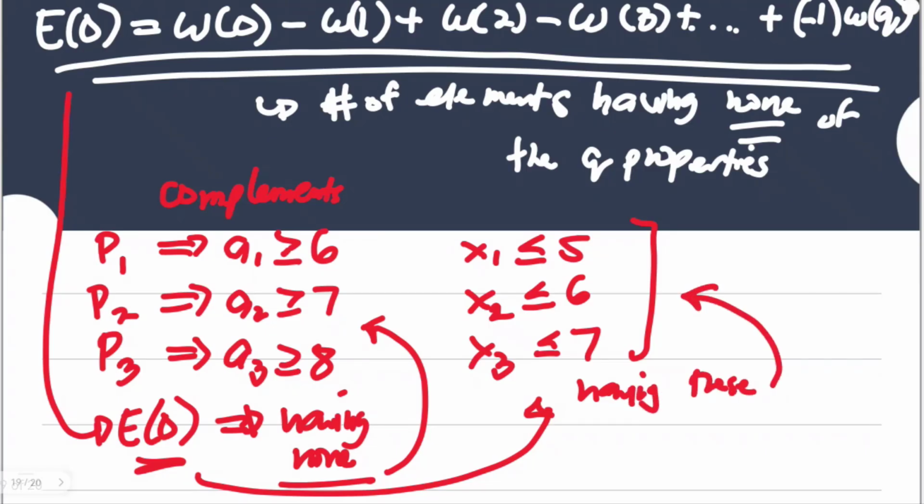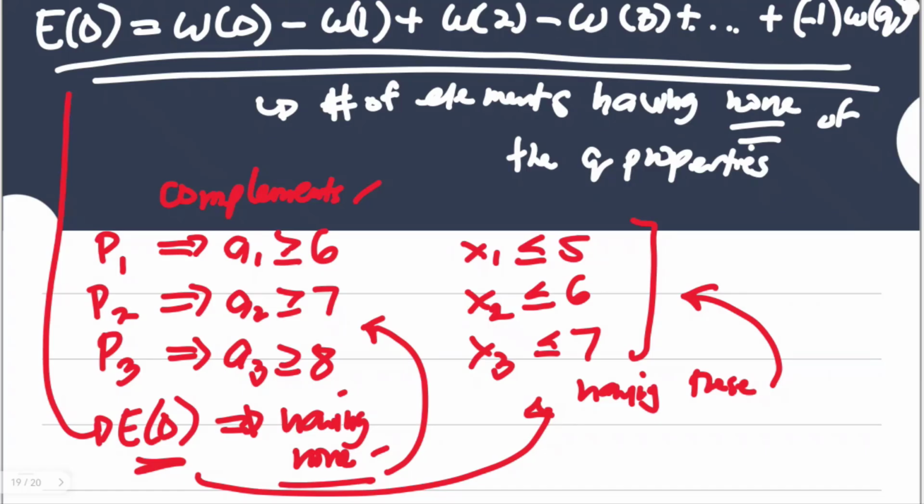Can you see the connection? If we look at the complement and solve for E of 0, which is an easier formula, since we have the double negative here, complement and having none, it suffices to say that the result of E of 0 is the result for the item intended. Hopefully that's clear.